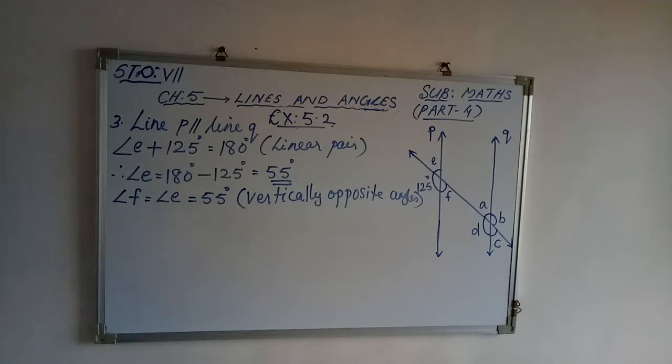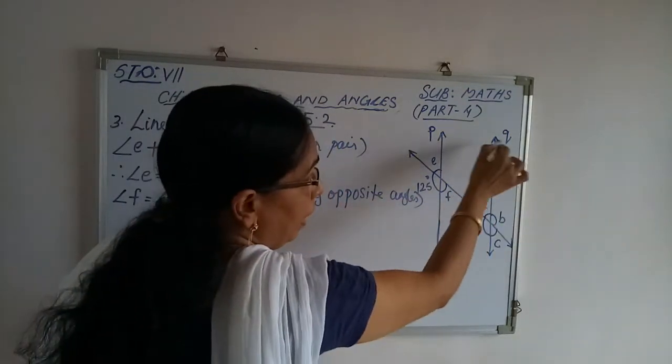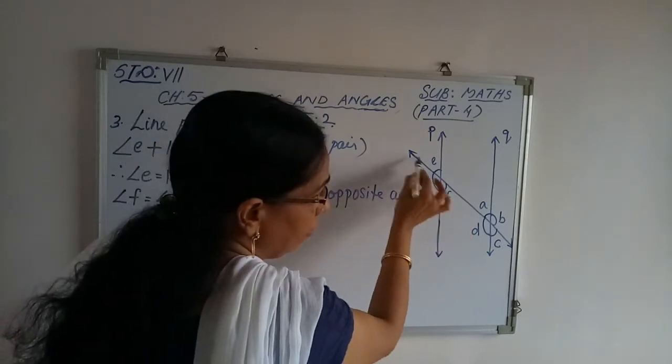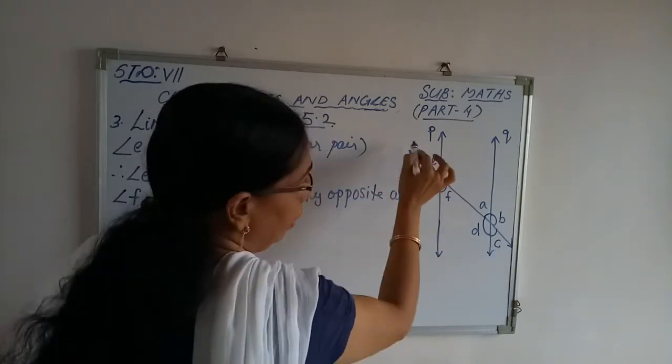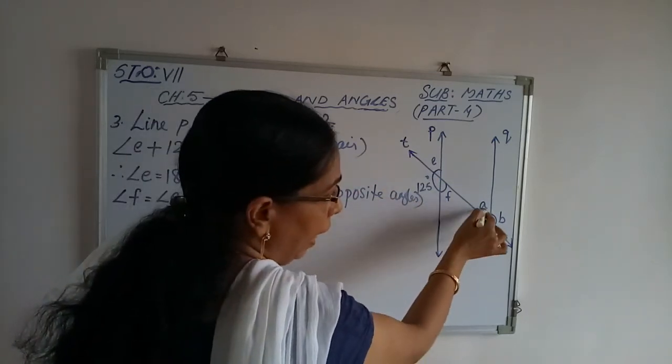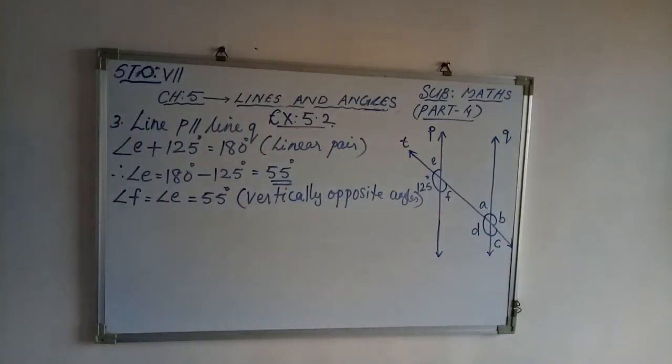Now see, these P and Q are parallel lines. This is the transversal. Let me write T. T is the transversal. Angle F and angle A, which type of angles are they? They are alternate interior angles. We studied that alternate interior angles are equal.